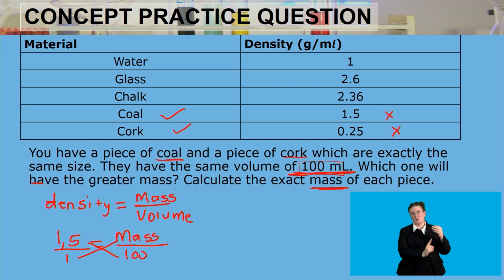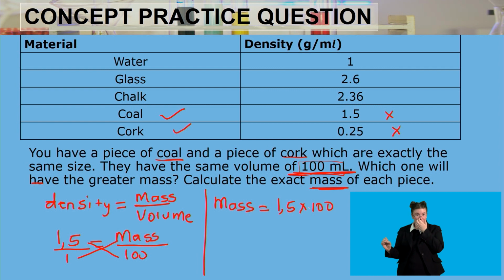So you're going to cross multiply and have that the mass is equal to 1,5 multiplied by 100. And when we multiply 1,5 and 100, what do we get? We get an answer of 150 grams. Remember, when you're multiplying by 100, you're going to move the comma twice to the right.